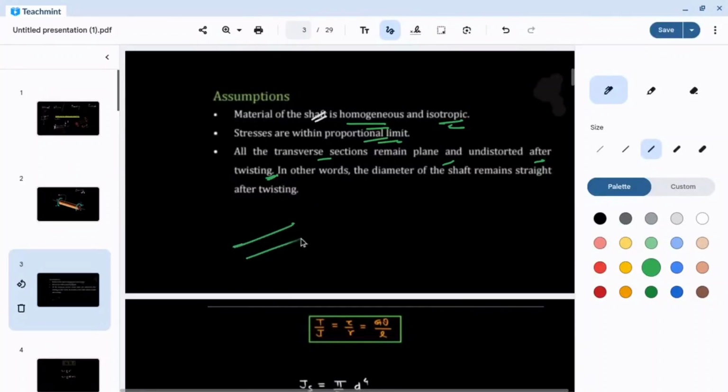See the plane layer, the inclined plane remains the same, any inclined plane is minor, otherwise it is distorted when torsion is applied to the bar.